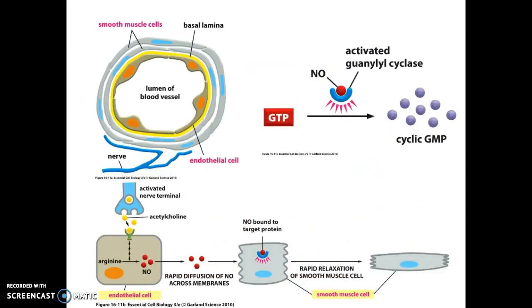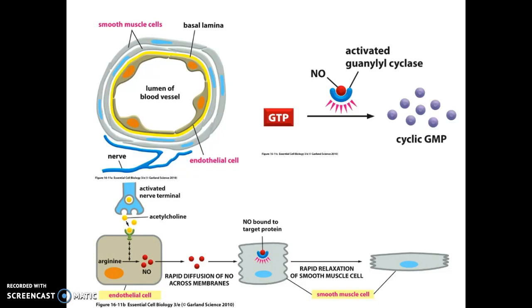In response to acetylcholine in endothelial cells, arginine is broken down, and a byproduct of it is nitric oxide. And nitric oxide, because it's a gas, remember back to the membranes chapter, can freely diffuse across the membrane out of the endothelial cells and into muscle cells and bind to its target protein, which is a guanylate cyclase.